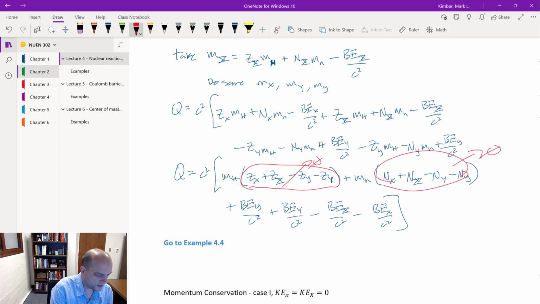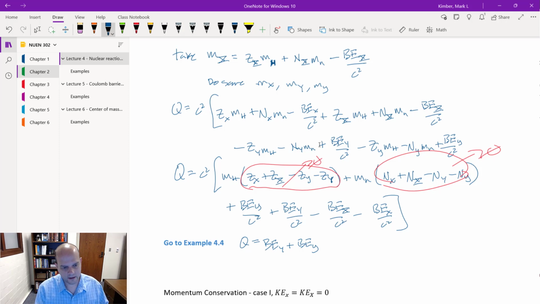And so we're left with the Q value is just going to be the sum, and then I multiply my c squareds through and I cancel out all the c squareds, but a sum of the binding energies. So if I know the binding energies of my two reactants and I know the binding energies of my two products, then I can easily calculate the Q value as just the sum of their values here.